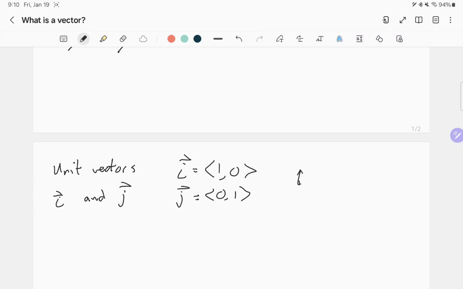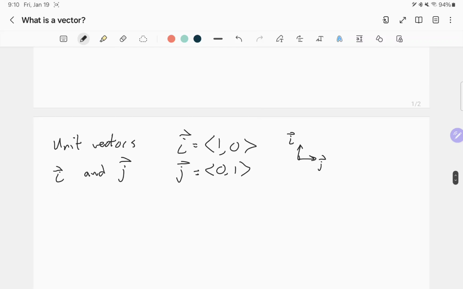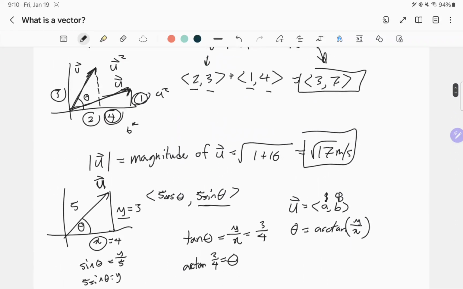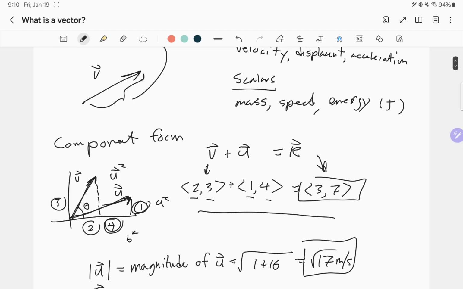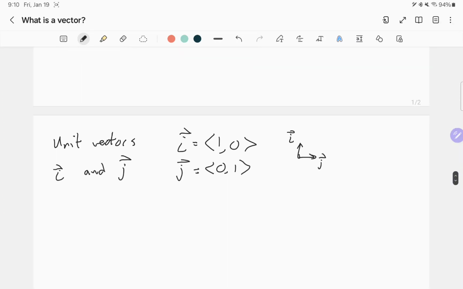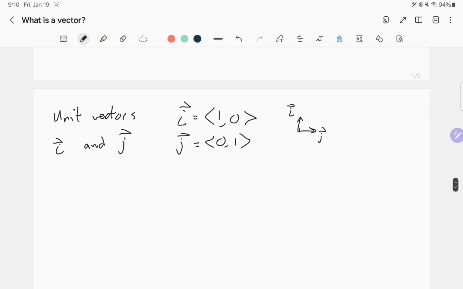Now, let's think about it. If these are the two, and I have them labeled like this, if we had a function that was equal to the sum of these, so notice, remember, our component form addition is done here, right? So if we have the sum of i and j, that gives us this vector, right? Now, what if we scalar multiplied j by 2? So 2j is equal to this, right?